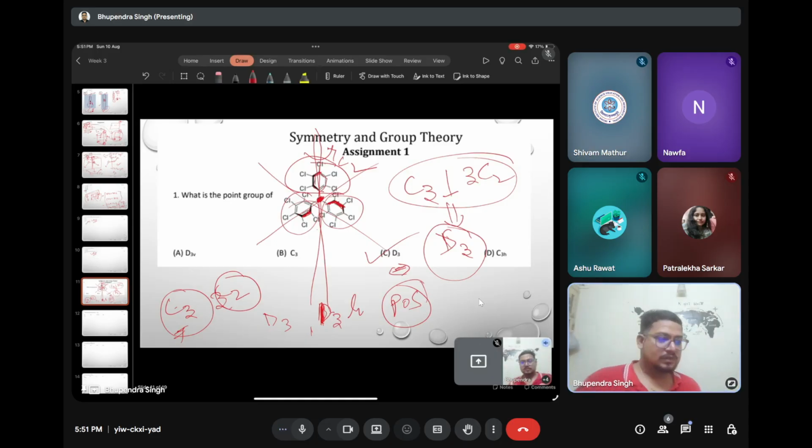So the orientation will be different for both the benzene molecules. By applying the imaginary plane, their positions will shift. So no plane of symmetry is present. That is why it is D3.